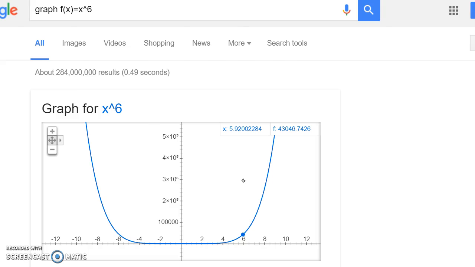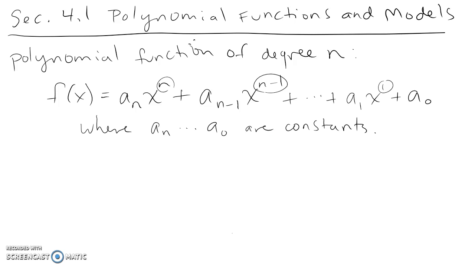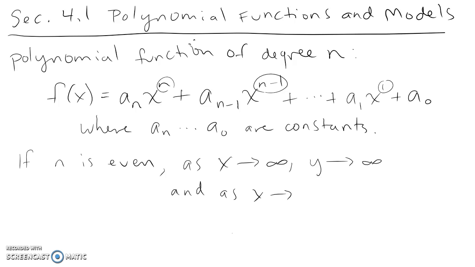So all of these graphs have even exponents as their degree, the nth degree, and all of them have ends that go in the same direction. So we're going to say that if n is even, as x goes to infinity, so as values of x get larger and larger, y goes to infinity, and as x goes to negative infinity, y also goes to infinity.